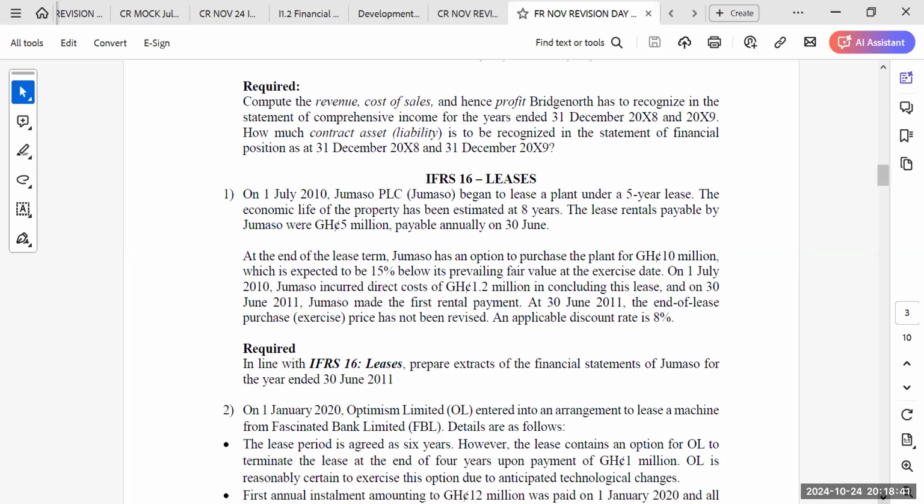Question number 2. On 1st January 2020, Optimism Limited (OL) entered into an agreement to lease a machine from Fascinated Bank Limited (FBL). Details are as follows. 1. The lease period is agreed at 6 years. However, the lease contains an option for OL to terminate the lease at the end of 4 years upon payment of 1 million.